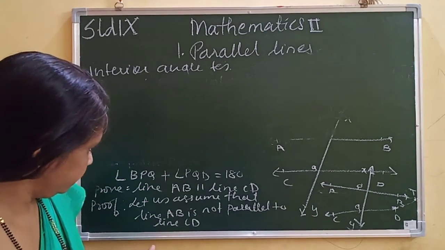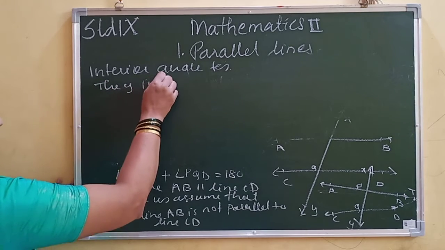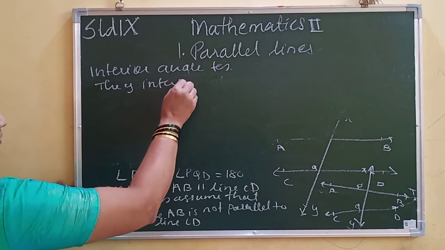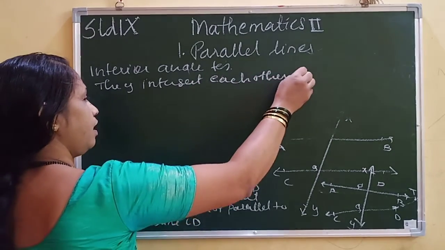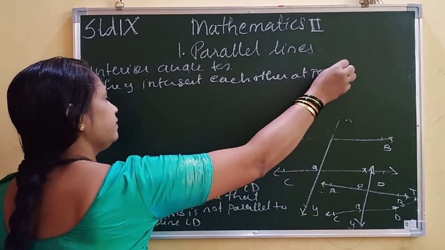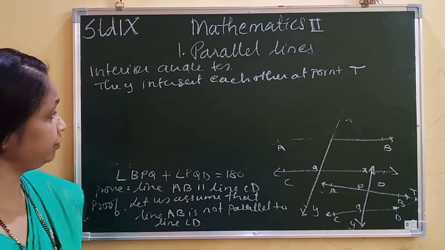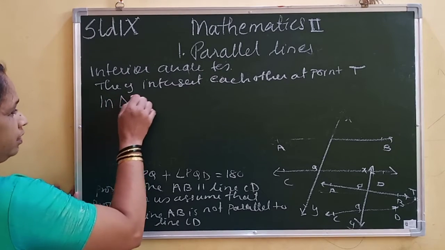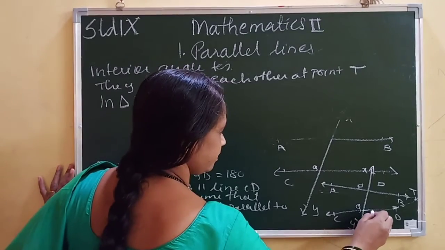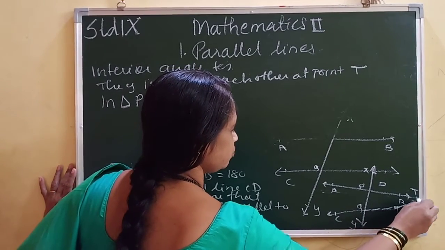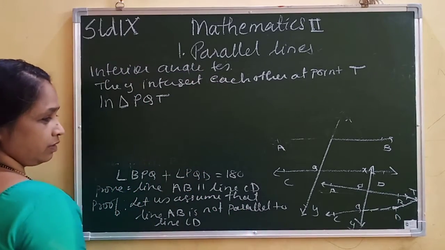they intersect each other at point T. Now if they intersect at point T, then the figure will be triangle PQT. Now see, as these two lines have intersected here at point T, the figure formed is what?